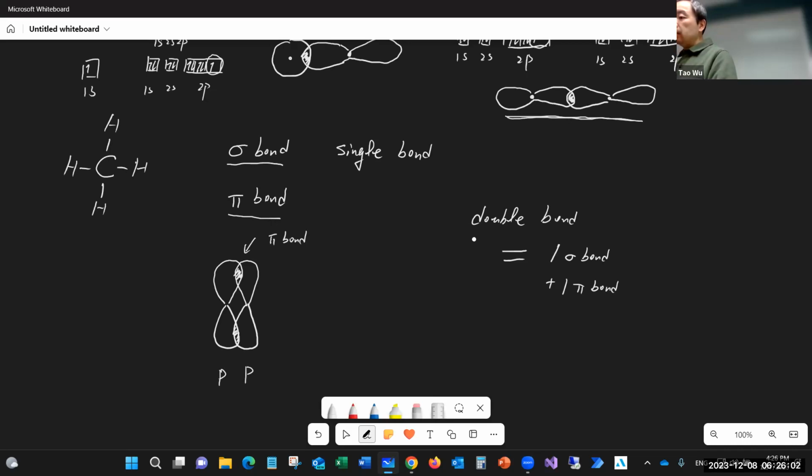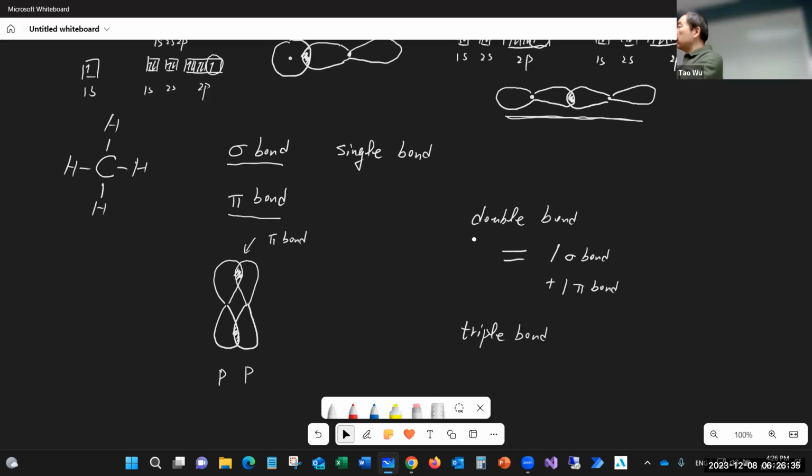But for triple bonds, this is a P and P orbital, which means if you have a p orbital and this p orbital has a single electron, then they may have a chance to form a pi bond, but not always, because p can also overlap with an s orbital to make a sigma bond.